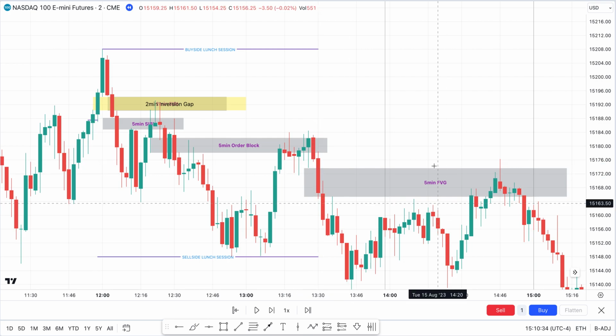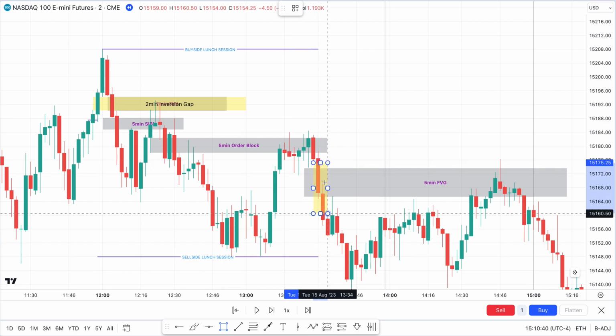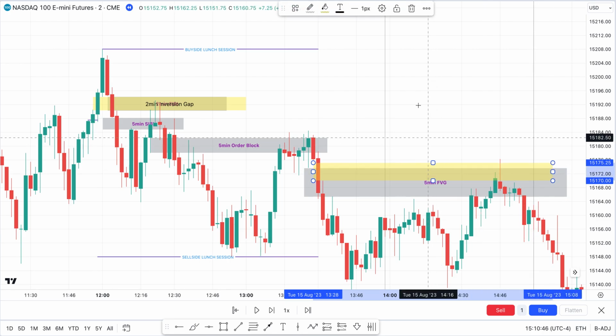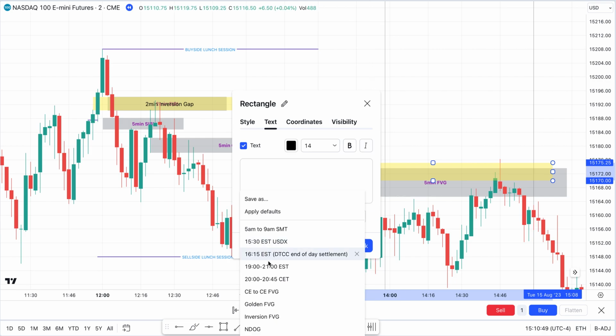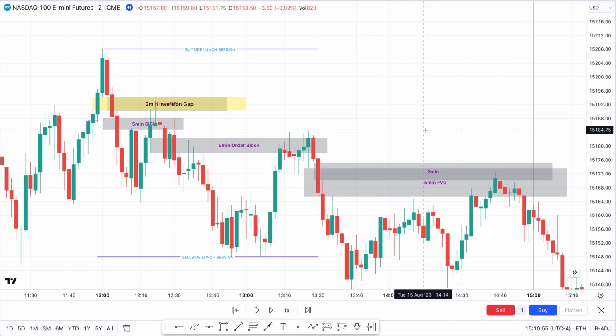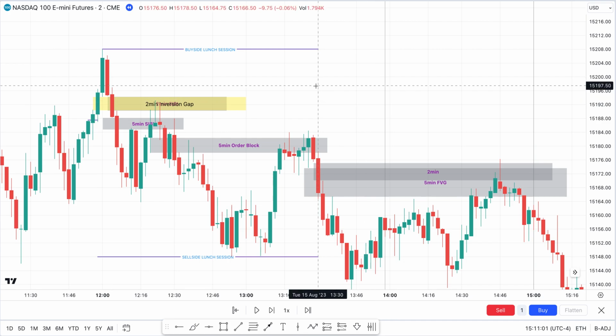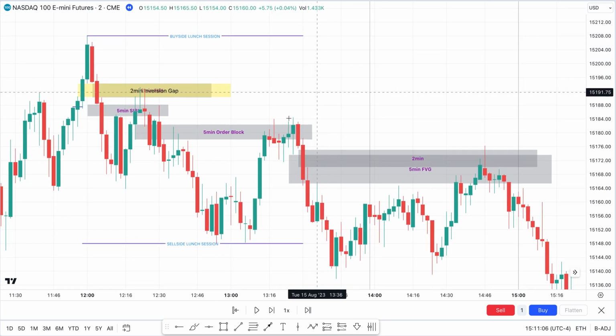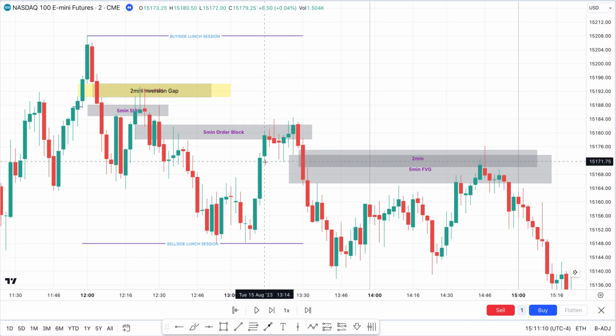So it wouldn't close above this 5 minute fair value gap, but we are looking at the 2 minutes, so it could dig through that. Regular fair value gap, 2 minutes. Okay, it made a swing, so this now becomes an order block as well after this low is taken right there.